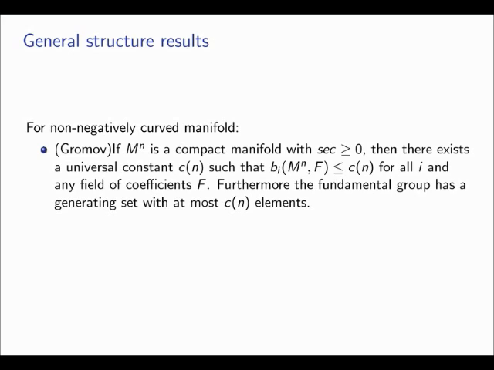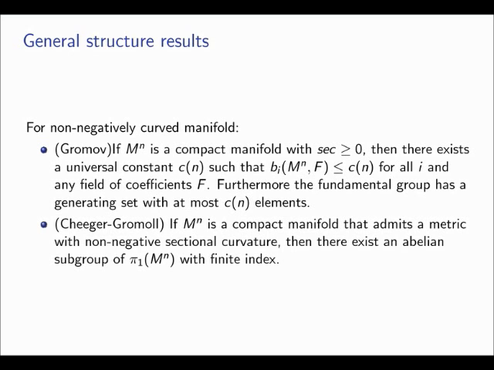So you have some control of the topology. And also the fundamental group has a generating set with at most C(n) elements. This just means the fundamental group is also simple, because the generating set has a universal bound that only depends on the dimension n. Okay, so this is a theorem by Gromov. It tells you that if you have this special metric, the topology cannot be very complicated.